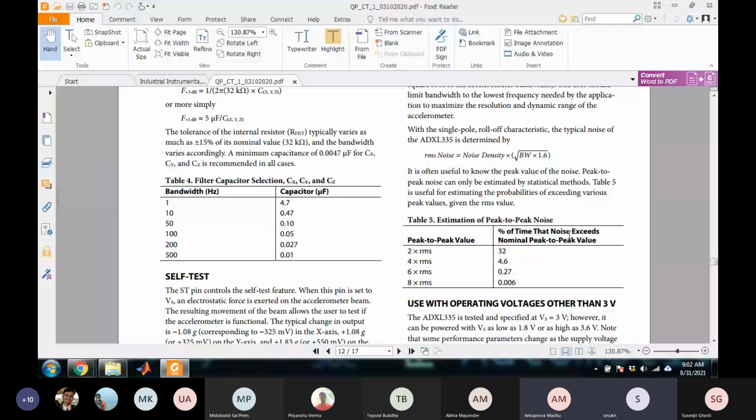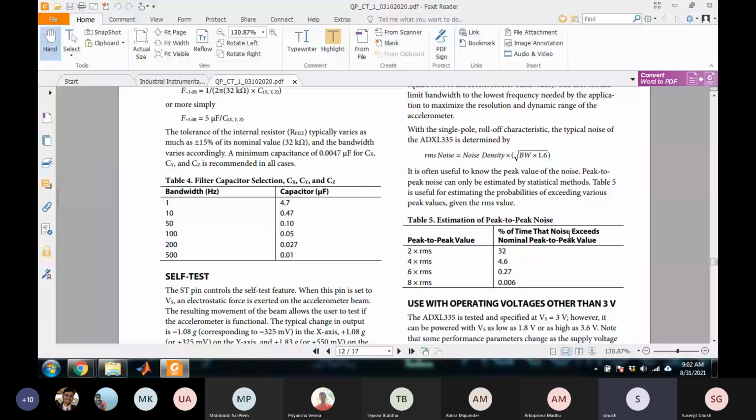It is saying that the percentage of time means basically probability. So the probability that a value is within plus minus 3 sigma is 99.73%, right? That is the property of Gaussian distribution.